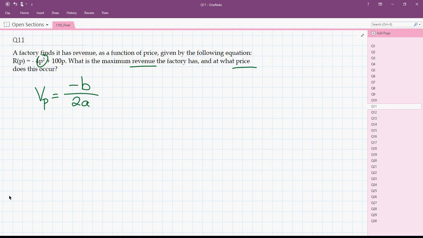In this case, b is equal to 100, so this would be negative 100. A is equal to negative 4, so 2 times negative 4. So that gets us negative 100 divided by negative 8.